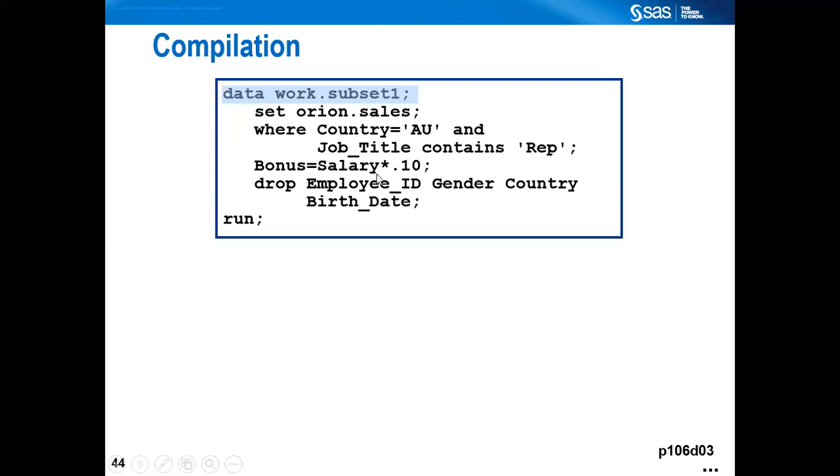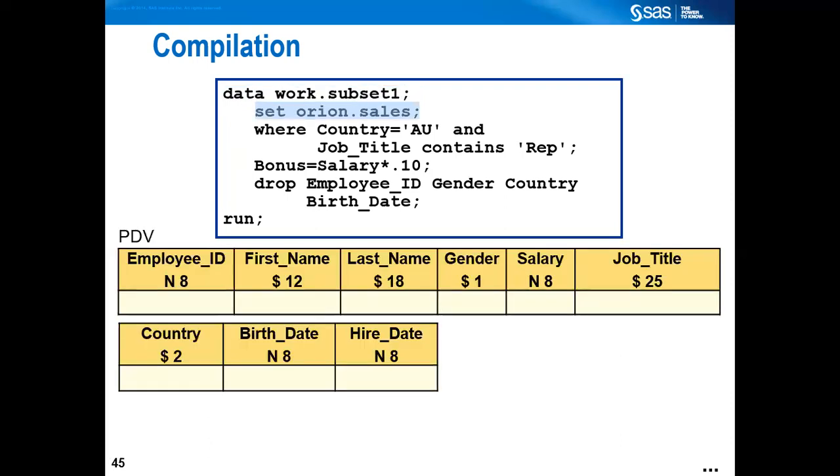When you submit this data step, SAS starts reading the data step sequentially from top to bottom. When it hits the first statement, the data statement naming a data set, SAS understands that it has to create a new data set. When it hits the set statement, it is reading an input source, so the program data vector, the PDV, is created.